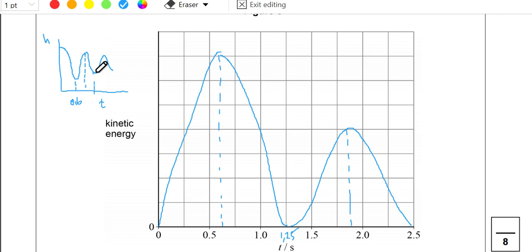This is 1.2, this is almost 1.8, and this is 2.5. So the kinetic energy starts with 0 at maximum H, the maximum at 0, then 0 again at maximum H, then maximum at 0, and finally we have 0 at 2.5.